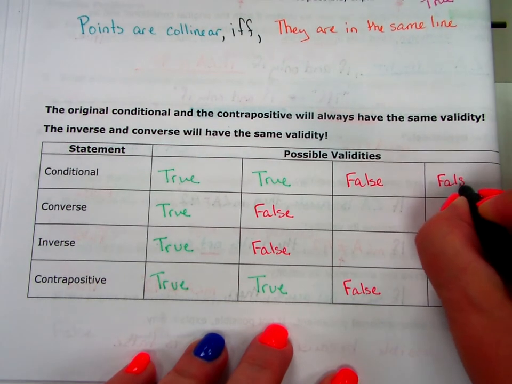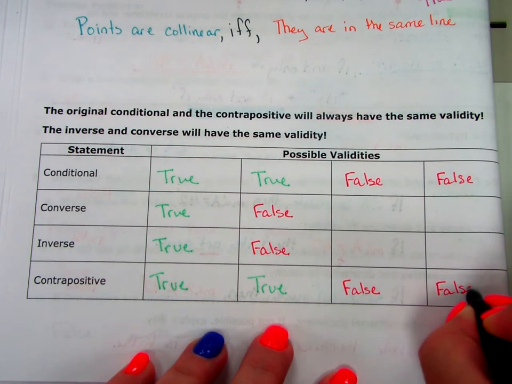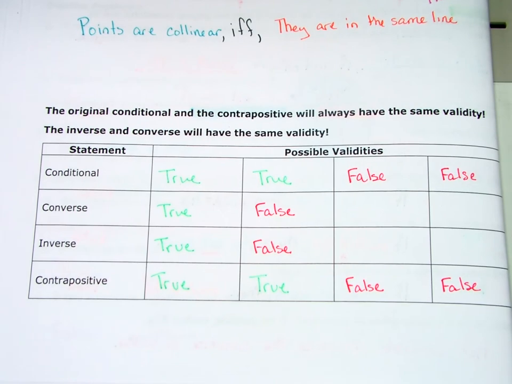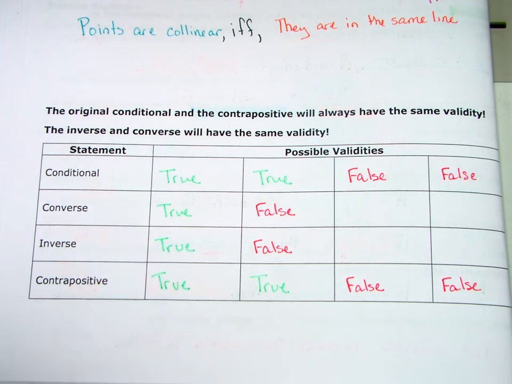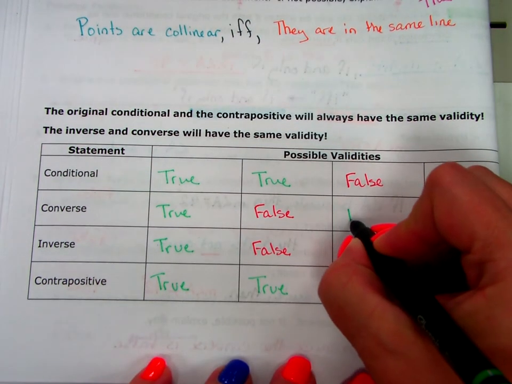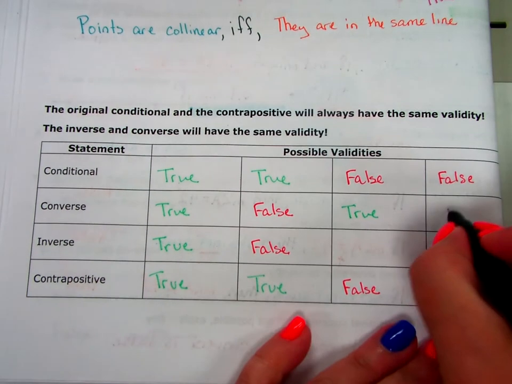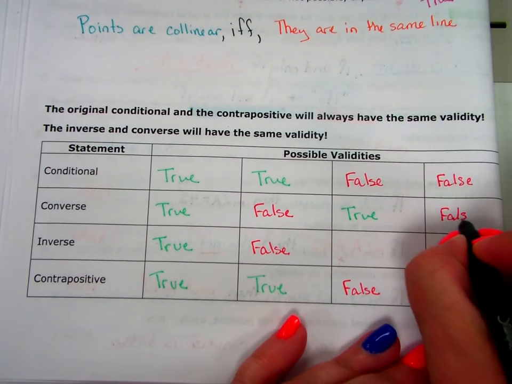So if you're given a false conditional, your contrapositive will also be false. If your conditional is false, your converse could still be either true or false. You have to switch it and look at it and decide. So it could be true, it could be false.